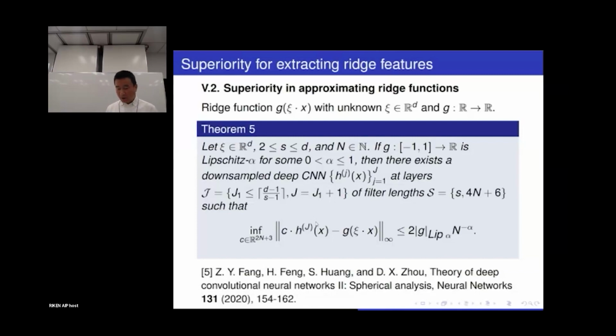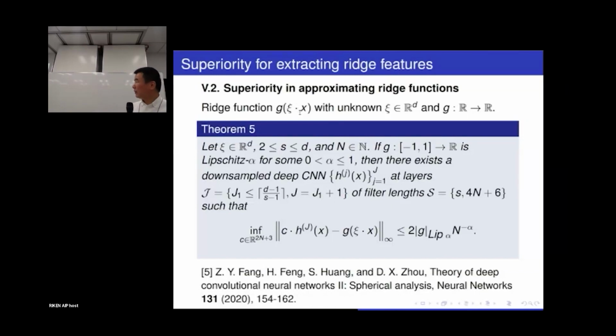The first family of functions we consider is ridge functions, which take the form g(c·x). The input variable x is a vector in R^d, and essentially it is a univariate function g, but it's induced by a dot product c·x, where the vector c is unknown.